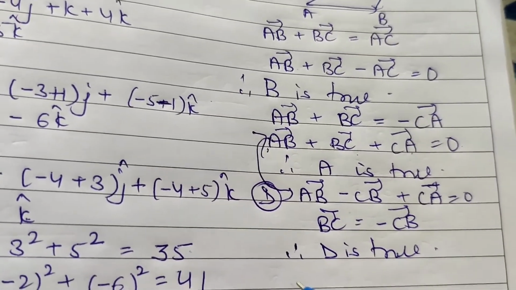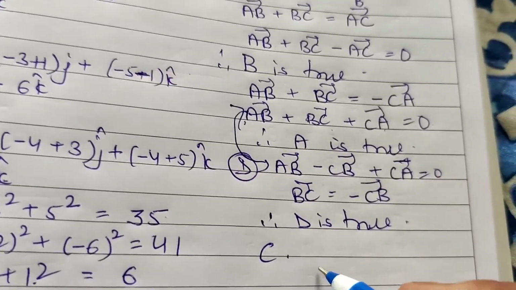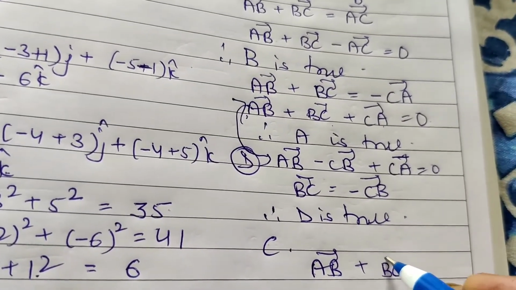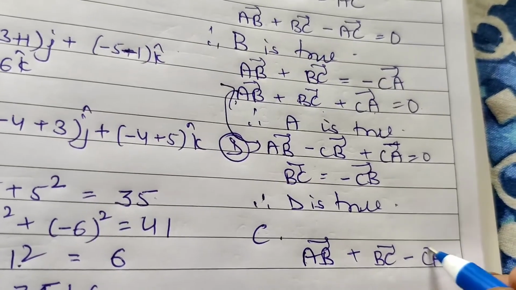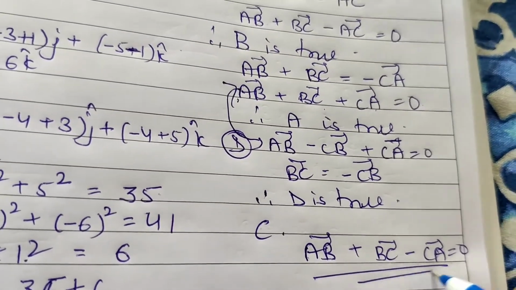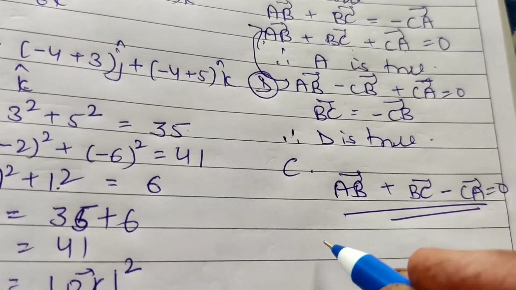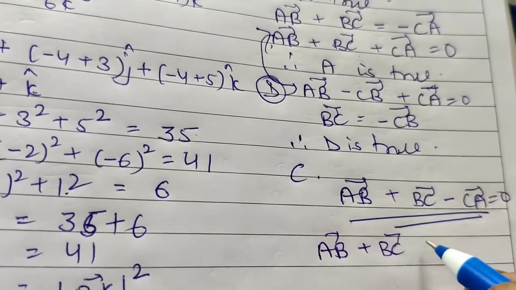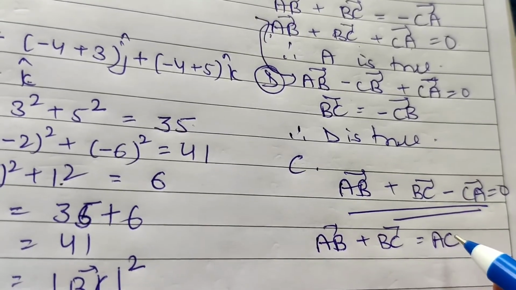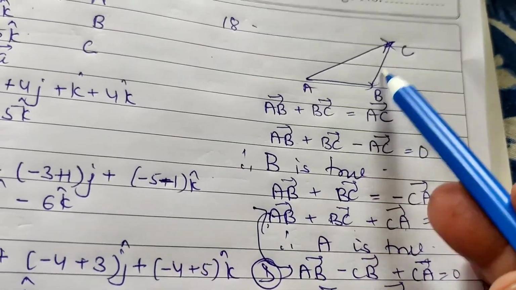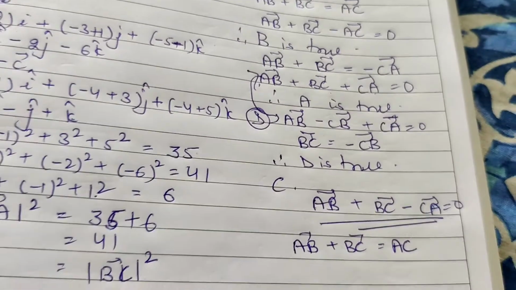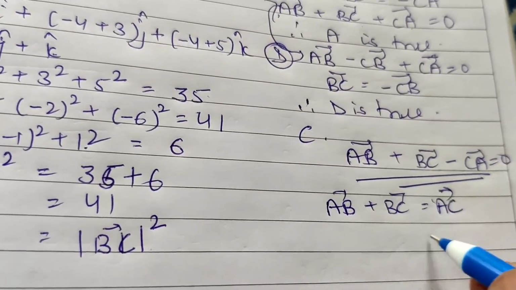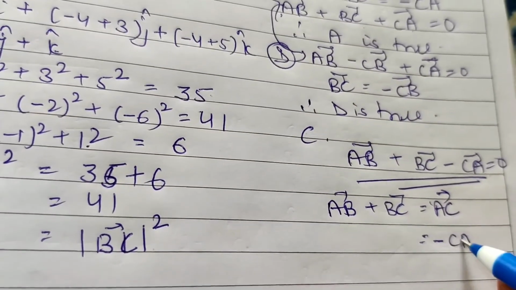Now the C option is AB plus BC minus CA equals 0. But we know that AB plus BC equals AC, or equal to minus CA.